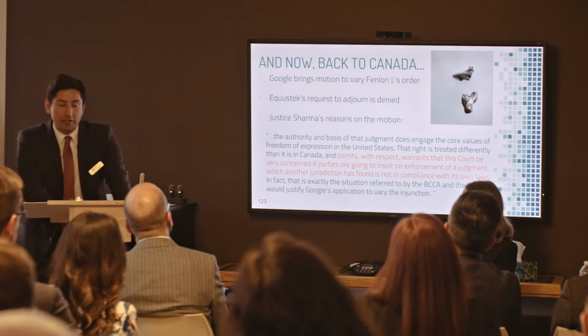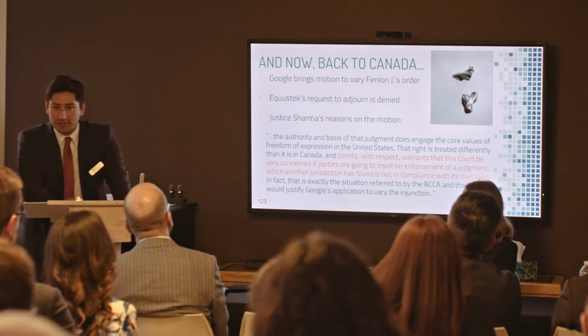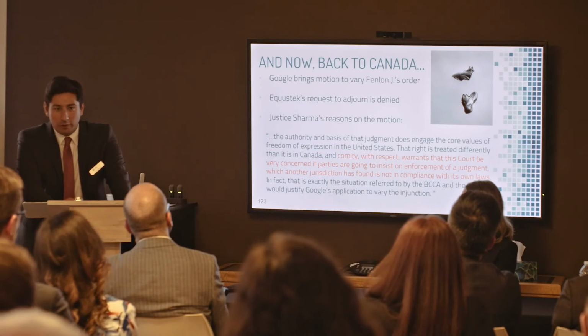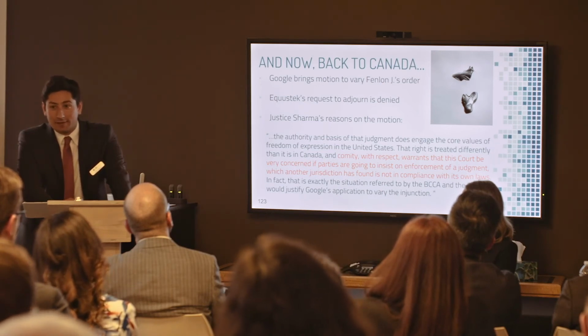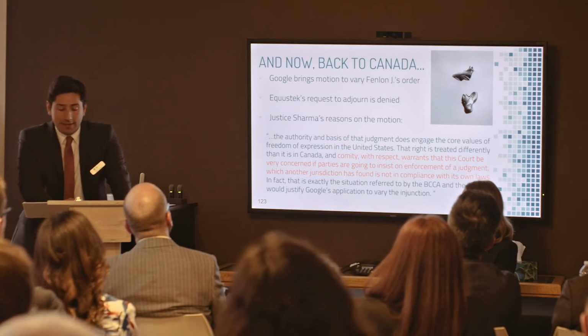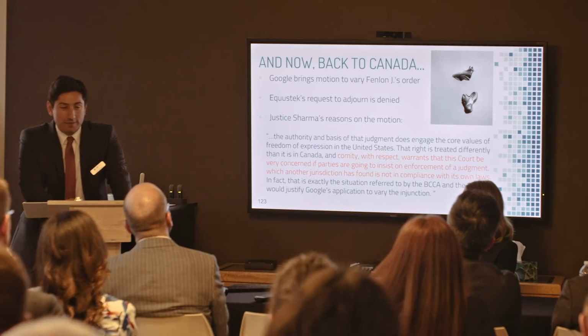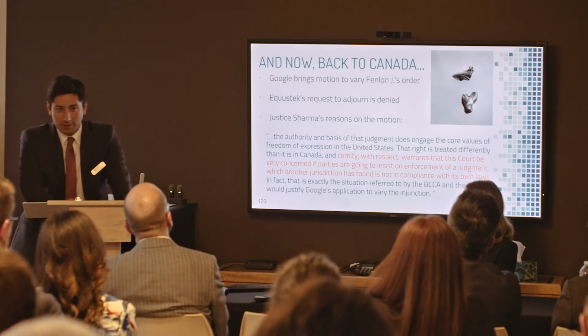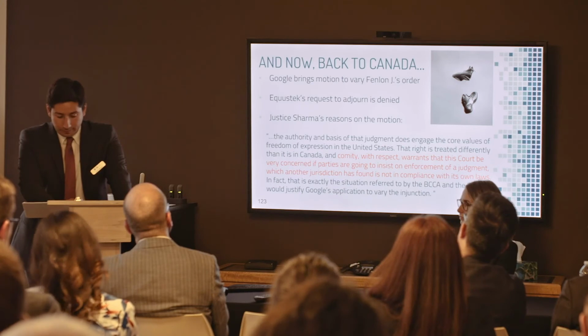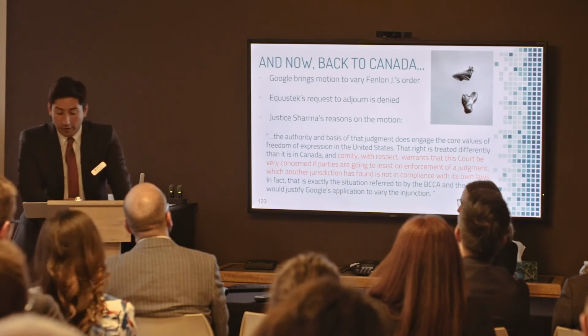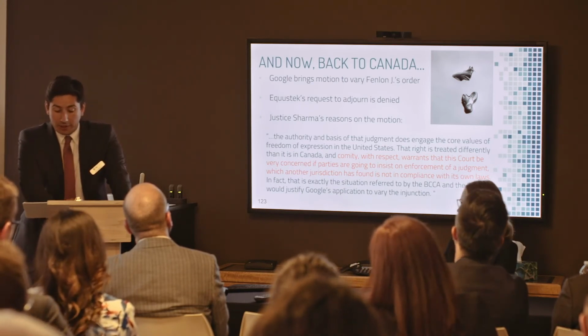And the motions judge in that case, not Justice Fenlon, who made the original order and actually subsequently got elevated to the BC Court of Appeal, but a different judge, Justice Sharma, was very sympathetic to Google's position. She wrote that the Equustek order does engage freedom of expression in the United States.